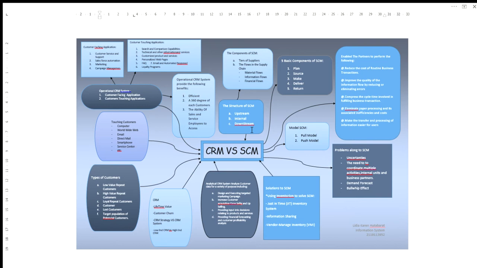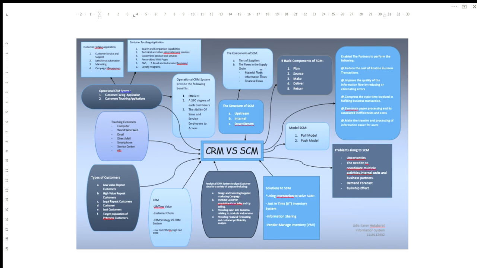The components of SCM include tiers of suppliers and the flow in the supply chain, or how we manage raw materials. When we want to buy raw materials, we have to analyze what kind of raw materials we want to buy. Do we need them immediately, or is there enough storage space to store the raw materials we want to buy?